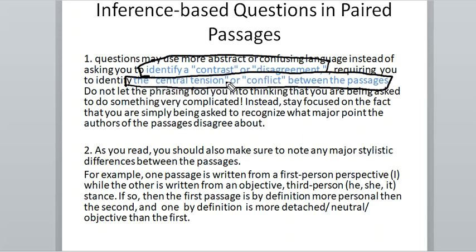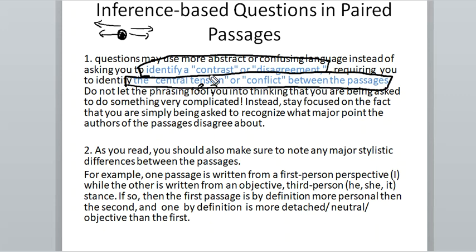However, these could be confusing, like what do we mean by central tension? Tension implies two things that are going in opposite directions. That's what we've learned in physics, right? The central tension: so what is the conflicting point in this passage? The point that two parties are disagreeing on, or one is disagreeing and one is approving.